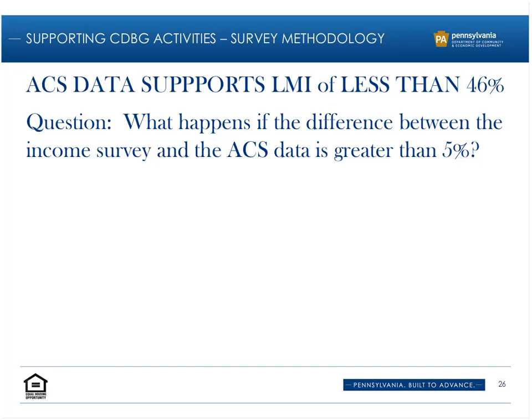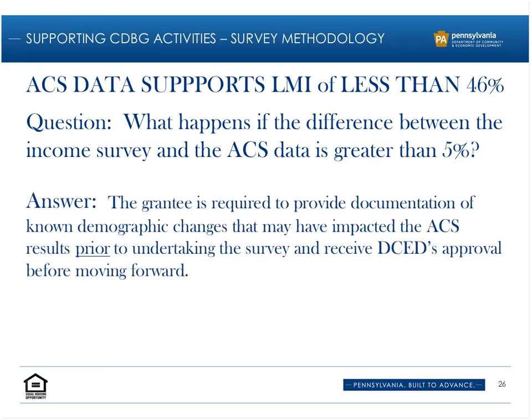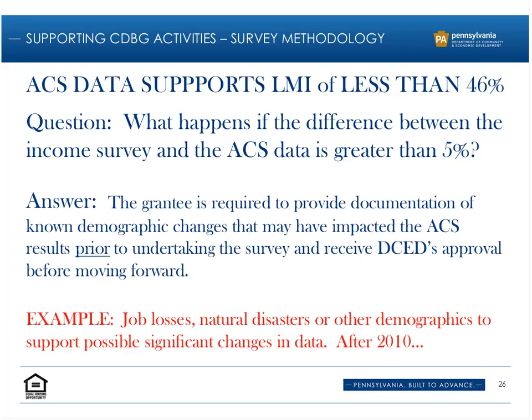Some of those examples would be, in the community, have there been significant job losses? Have there been natural disasters that have changed the fabric of your community, and you've had a population loss where people have just picked up and left, or other types of demographics that would support these changes? And again, we're looking for changes in the community since the last ACS data was used, and that's 2010.